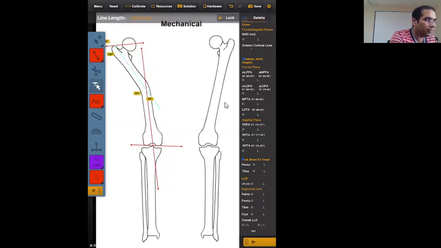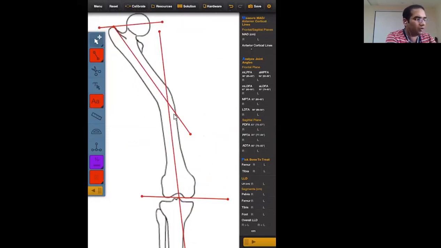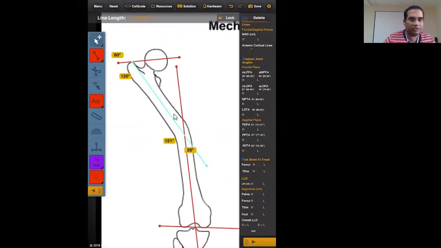Now let us see. The medial proximal tibial angle over here is 60 degrees, and the reference angle is 84 degrees. So we need to correct this as well.